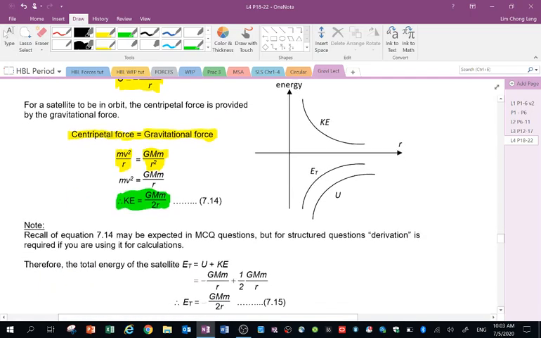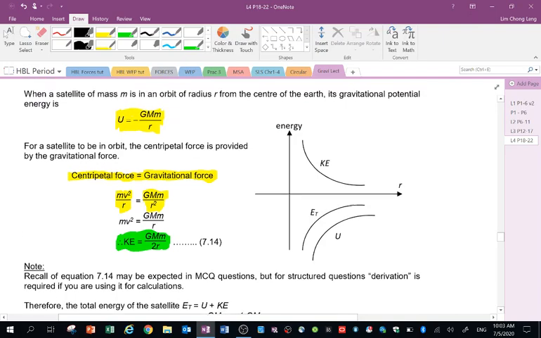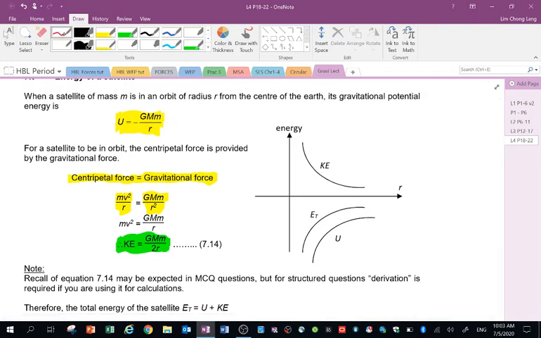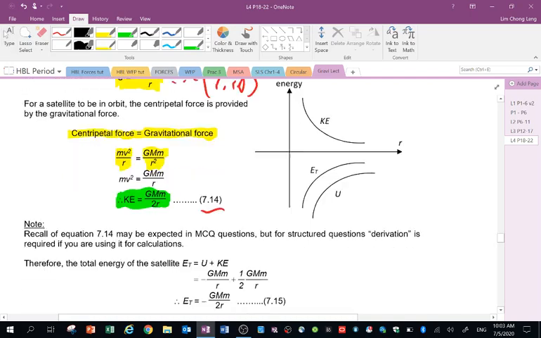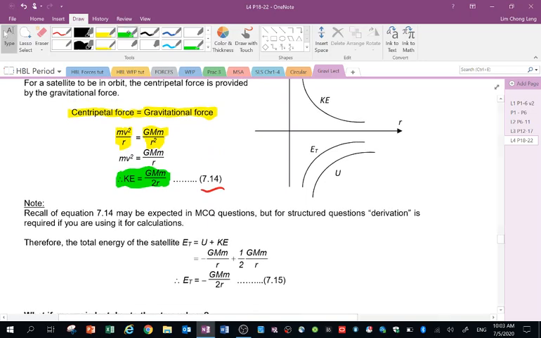So we have an equation for Ke, and we have an equation for potential energy. If you add the two equations, in fact, this equation we noticed earlier on is actually equation 7.10. So equation 7.10 and equation 7.14, if you add them together, you get the total energy.